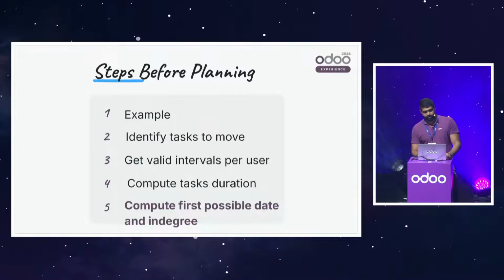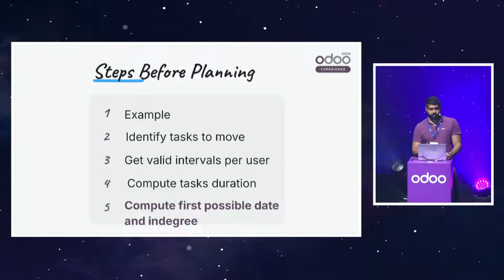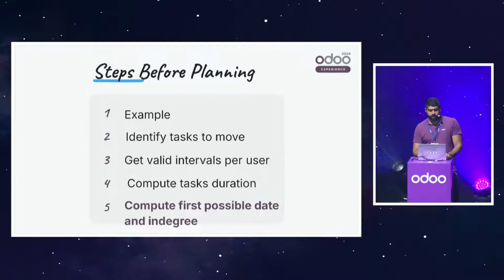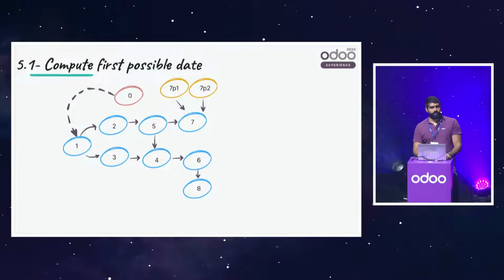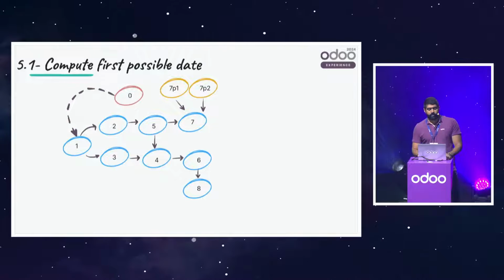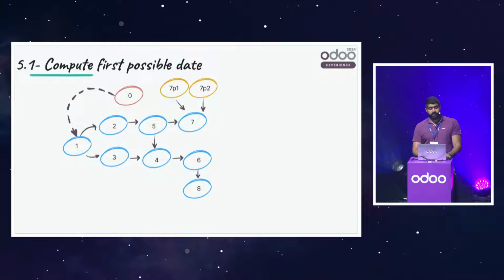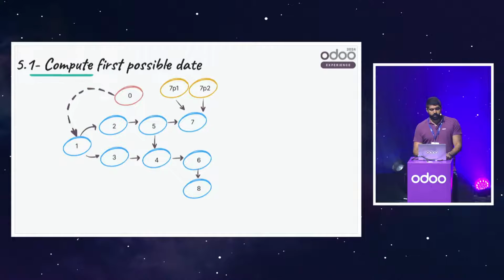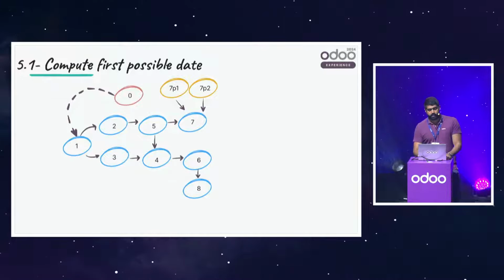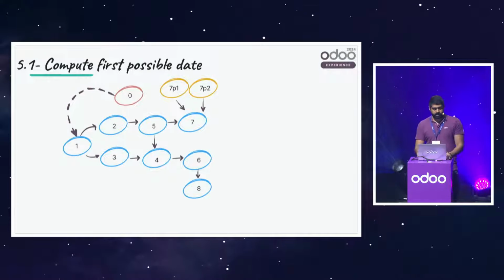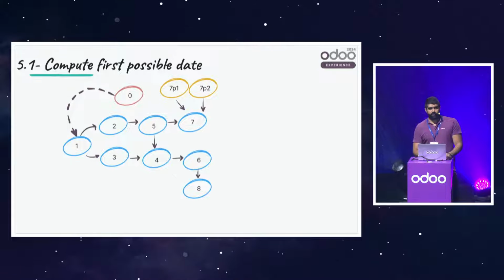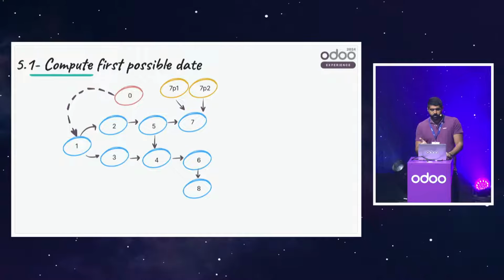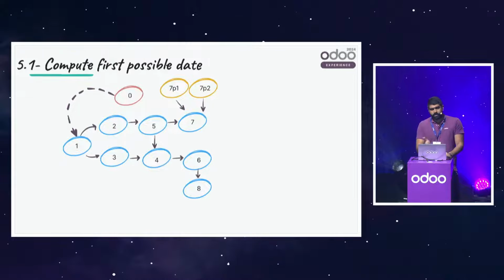Last but not least, it's just the last step before starting to run the algorithm. So we compute something called first possible date and in degree. Don't worry, I will explain. First possible date is simply, in this example, 7 is blocked by 7p1 and 7p2. For some reason, when moving all blue tasks, maybe I have some availability to plan task 7 earlier before 7p1 and 7p2.